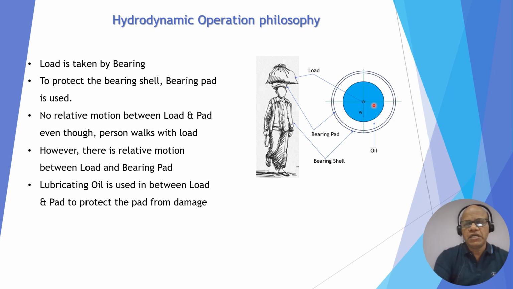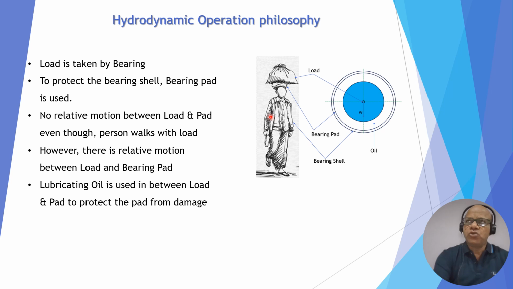So the load is transferred not directly to the shell, but through the pad, what is called babbitt material, which is fixed to the inside of the shell to take care of the radial load, or in the case of thrust, on the thrust faces.